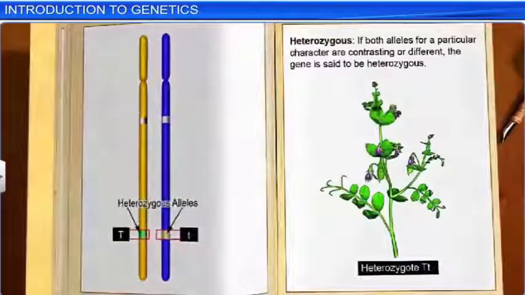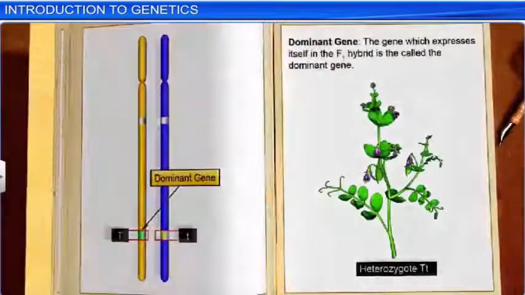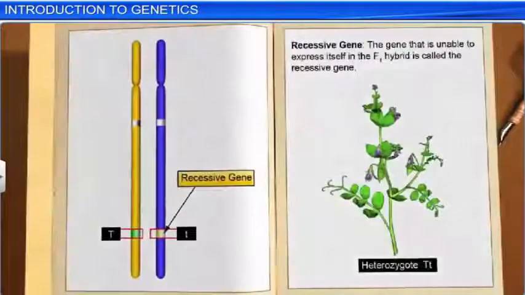In a heterozygote, only one of the contrasting genes is able to express itself, while the other gene remains hidden. This gene, which expresses itself in the F1 hybrid, is called the dominant gene, while the gene that is unable to express itself is called the recessive gene.